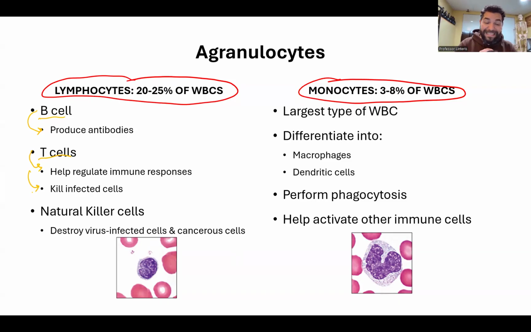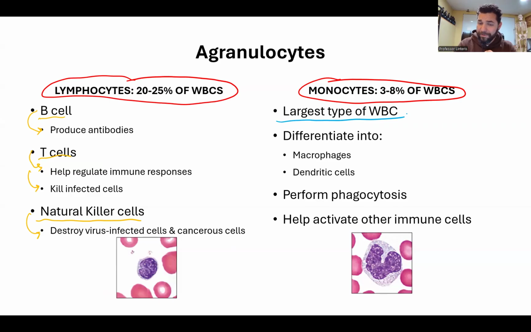They kill infected cells. And we'll talk about how they go about doing such things. And then you have natural killer cells that can destroy virally infected cells, cancer cells, things like that. Friendly cells that have just been contaminated with something like a virus or some type of cancer-like behavior. And again, we'll discuss that in the immune system.